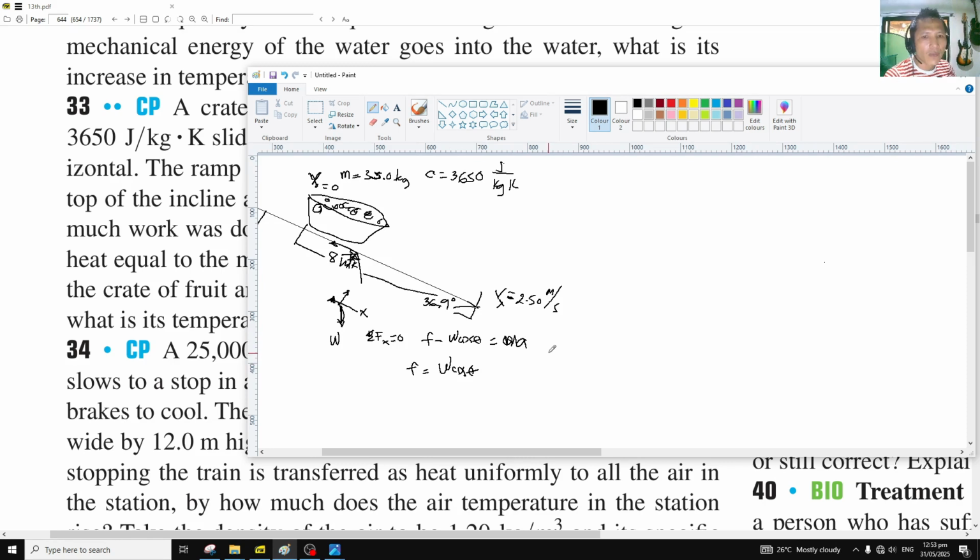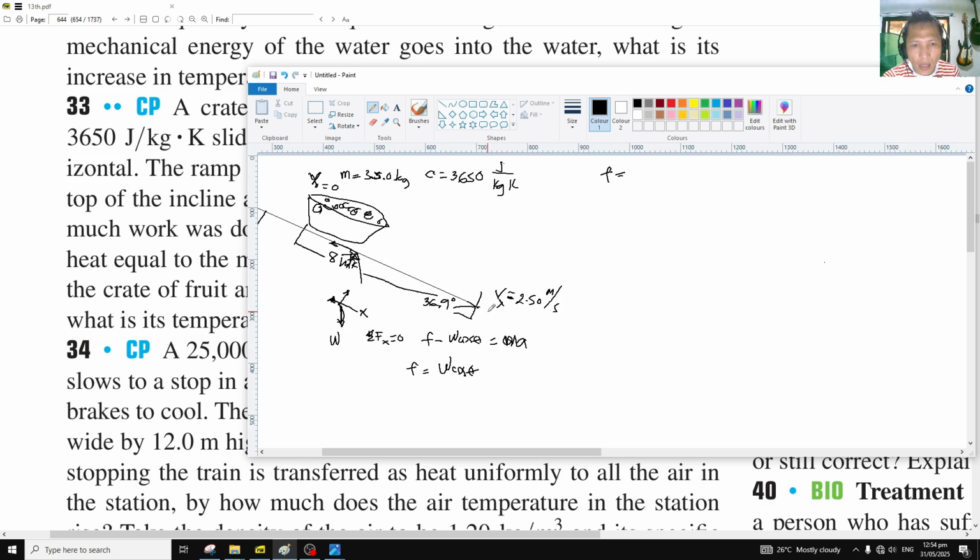You have ma. The acceleration is going down and you have a frictional force which is going up. The acceleration is going down to the right.